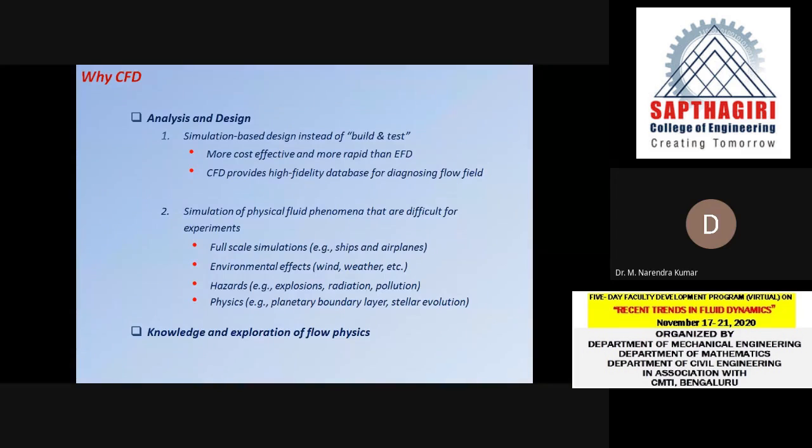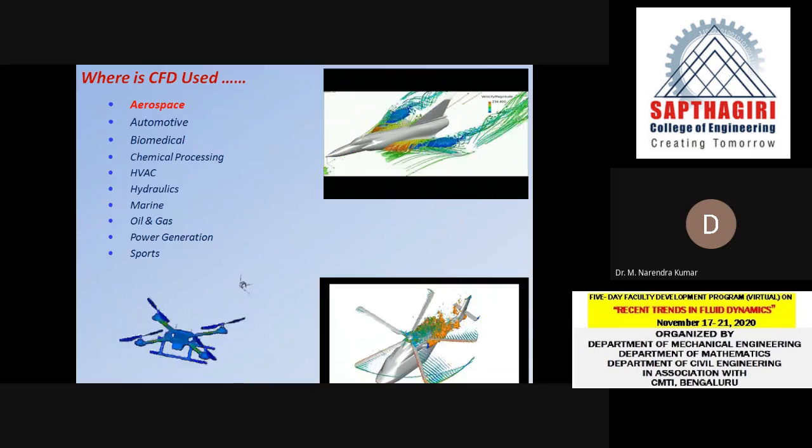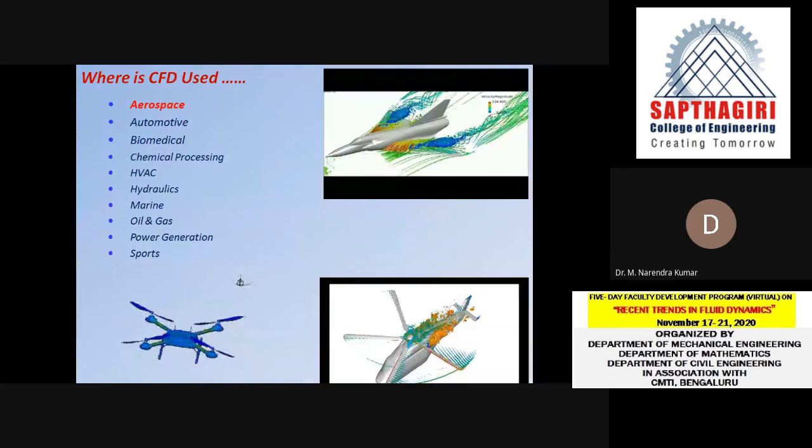It allows simulation of physical phenomena that are difficult for experiments. As I told you, you have scaling issues when you come across experimentation, whereas with computational fluid dynamics it is very easy to model. Full scale simulations, environmental effects, hazards, and physics, and it is also used for the knowledge and exploration of the physics.